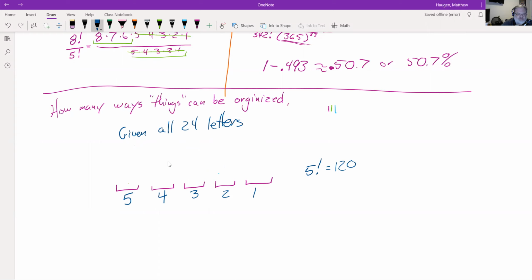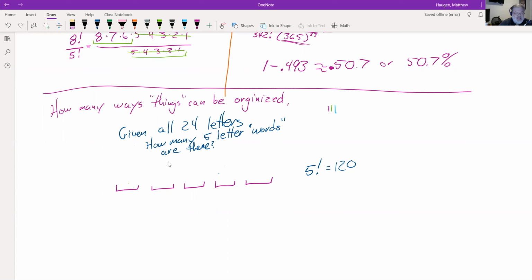So given all of our letters, A through Z, how many 5-letter "words" are there? Now, I have words in quotes there because it doesn't have to actually be a word. Just any string of 5 letters is a 5-letter word.